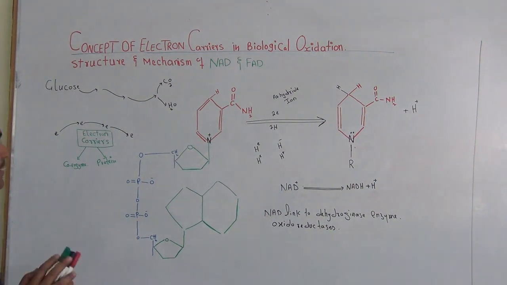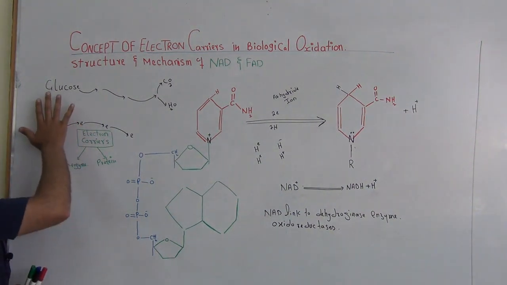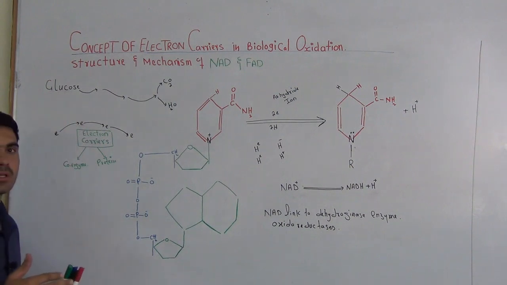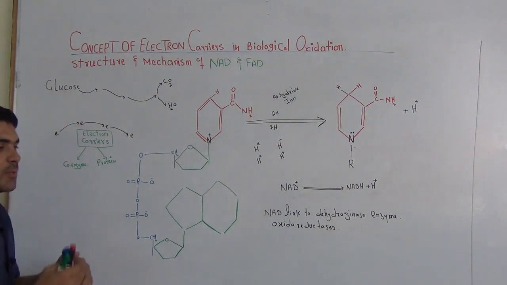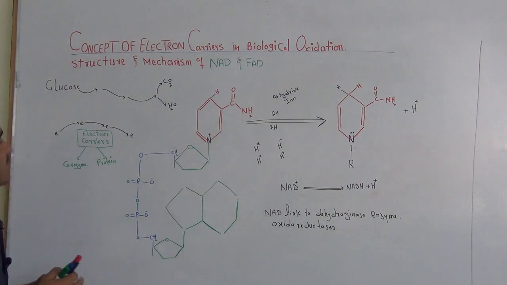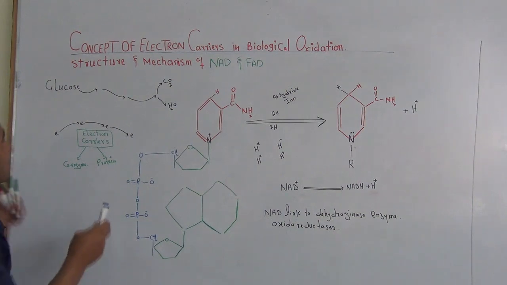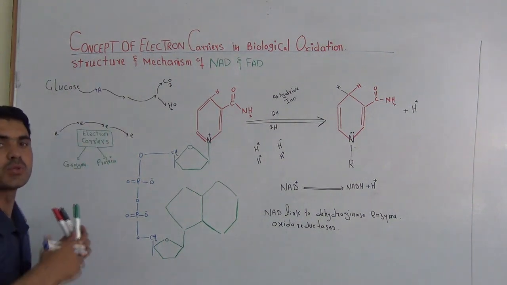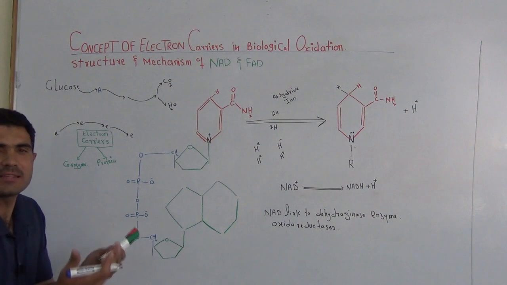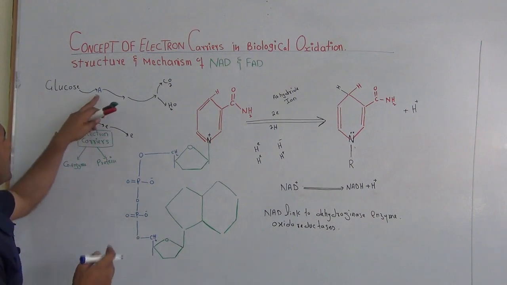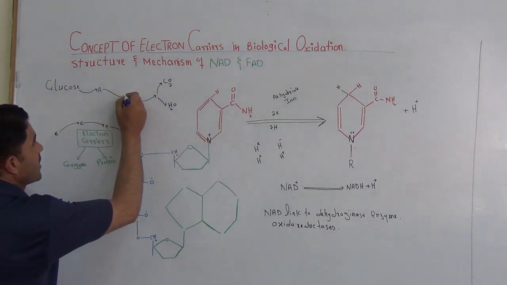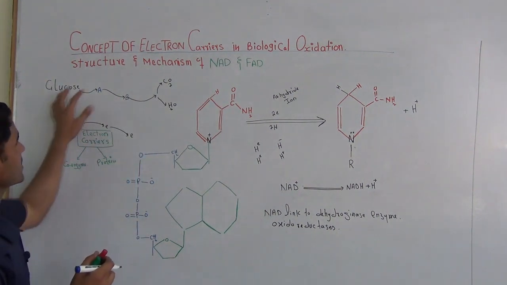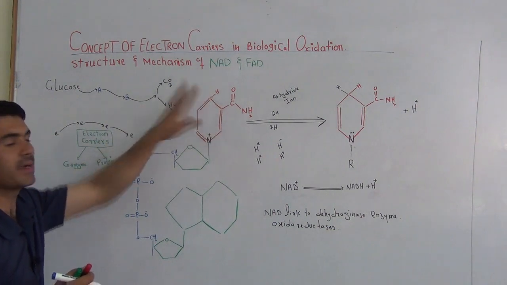The first thing I will discuss is glucose and the metabolism, or the oxidation, of glucose. The breakdown of glucose, in a very simple step, is that when glucose is broken down, it is converted into one form, for example, for simplicity, right? Glucose A is converted into B, and finally glucose is converted into carbon dioxide and water.